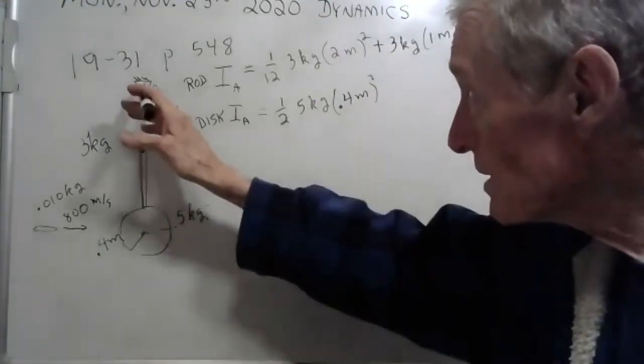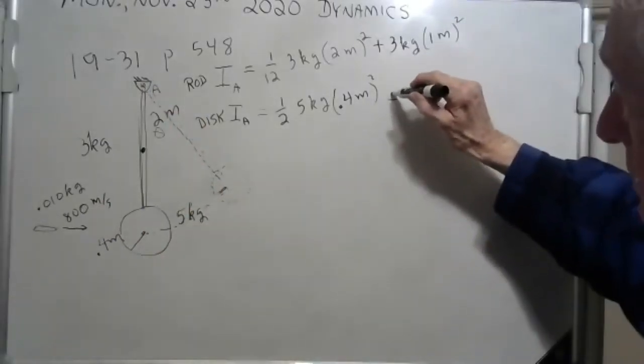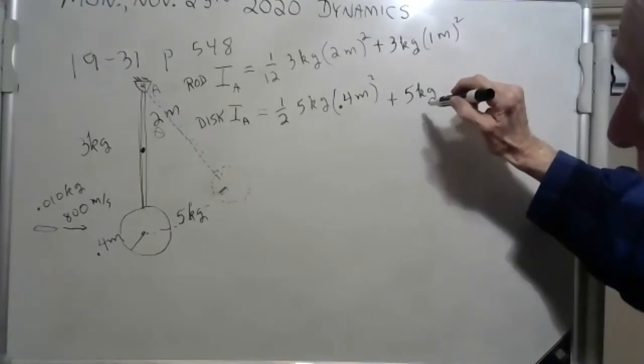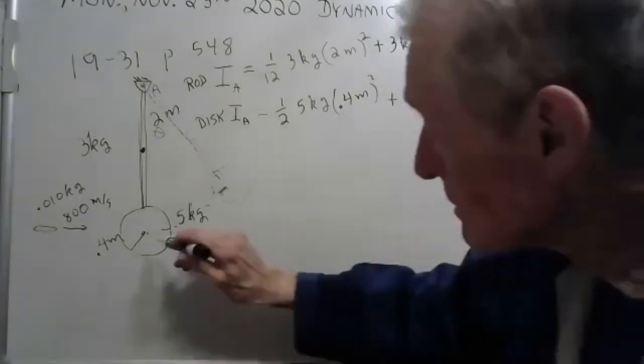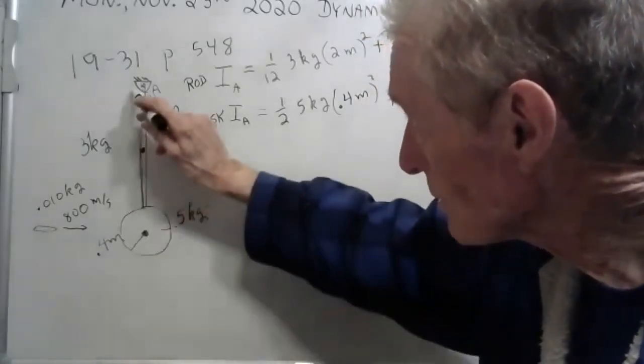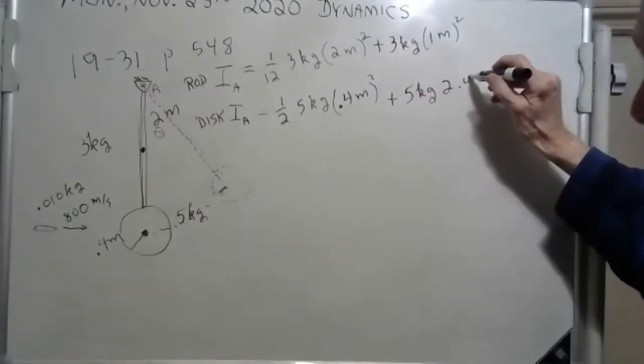It's not. It's rotating about A, so you have to add to it the 5 kilograms times, see, here's the center of the disc, and the distance from here to A is 2.4, squared.